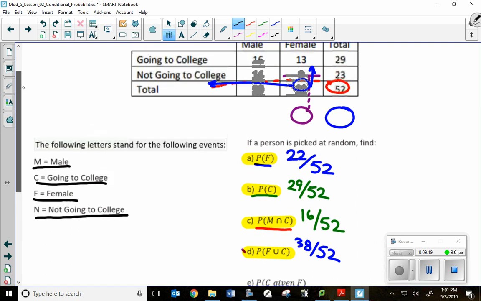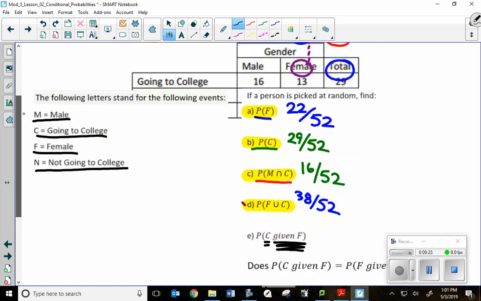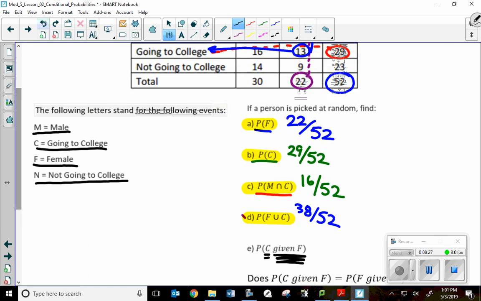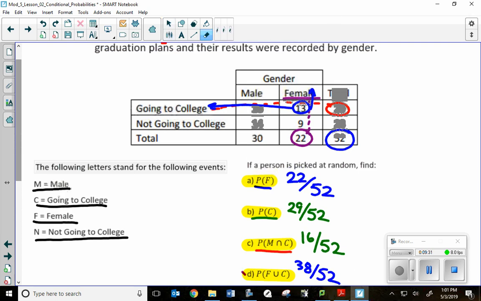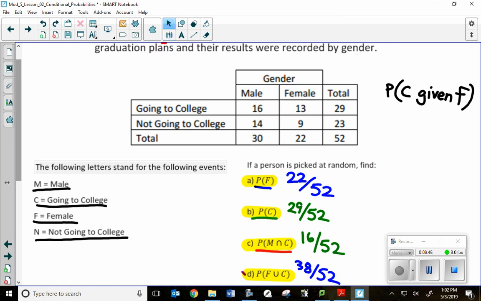Something is crunching together weird, so let's put it back, scroll this back up, and get rid of some of this. I'm going to rewrite what they're asking us right here. The probability they're going to college given female, okay? I only know one obvious way to explain this so that it sticks in your brain.